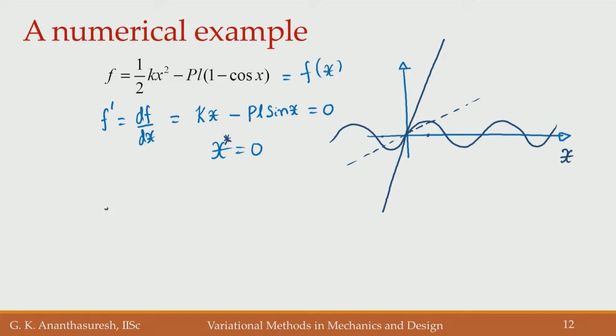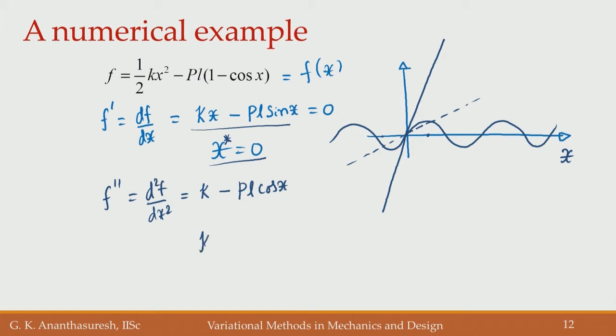For that, we have to take the second derivative, that is d square f by dx square. In this problem, if I take the derivative of this one more time, I get k and then minus PL cosine x. So, at x star equal to 0, cosine x star will be cosine 0, which is 1, and then PL.